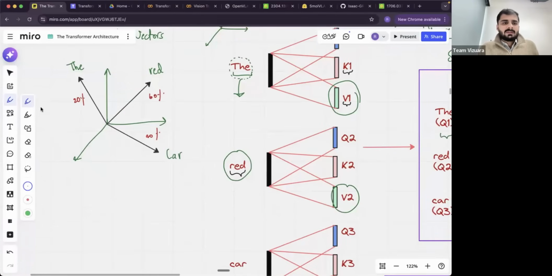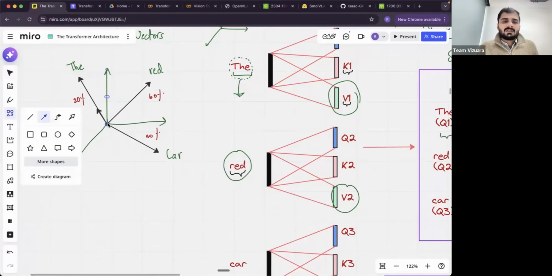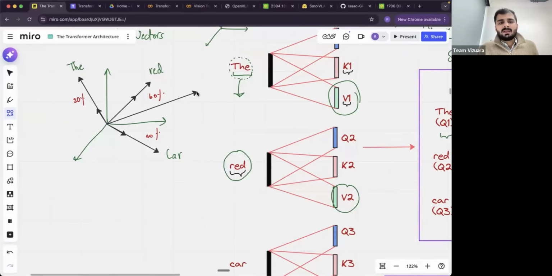What I will do is construct another vector which is 20% of this. It is probably somewhere over here. Take another vector which is 60% of this. We'll take another vector which is again 20% of this. And I will add all these vectors together so that I'll get the final vector, which probably looks something like this.